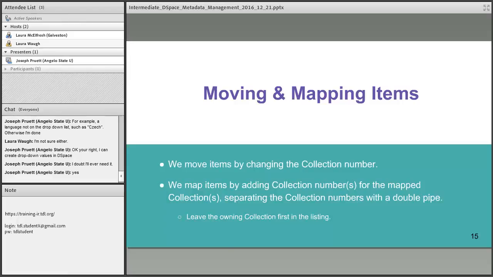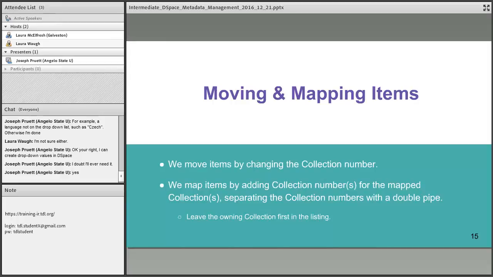So now again, to move or to map items, you go into your spreadsheet and work with the collection number. If you just straight up change it, then that is how you move items. So last time I believe we were asked if you can move a collection into, say, a different community, and you can't, but what you could do is export the whole thing, create a new collection in whatever your desired community was, and then do a mass move this way.